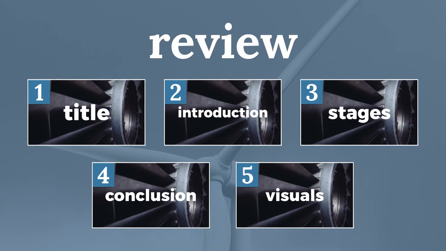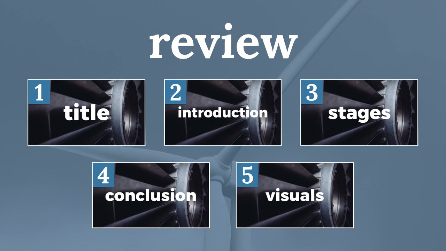So to review, your title should always start with the word how. Your introduction gives a lot of background information about the process, explains any special conditions, any special terms, and any prior knowledge you expect your reader to have before they read your process description. Then you go through each stage of the process, making sure you use sequence words at the start of each sentence and making sure you describe it in the passive voice.